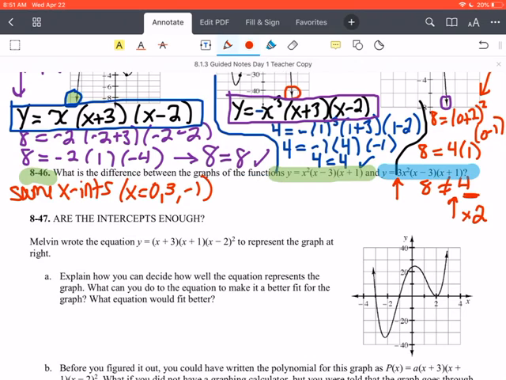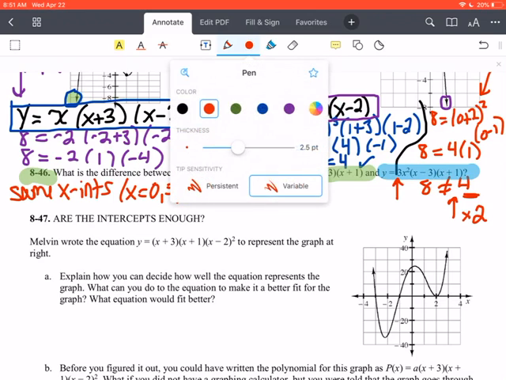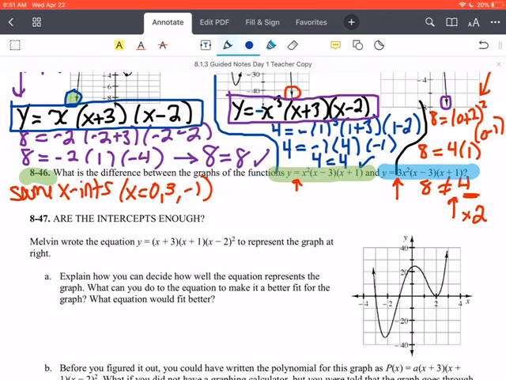It's this 3 out front. What is out front here? It's a 1, so we're not going to write it. So what is the difference between these two equations? It's the stretch factor, the amplitude, maybe you might call it.